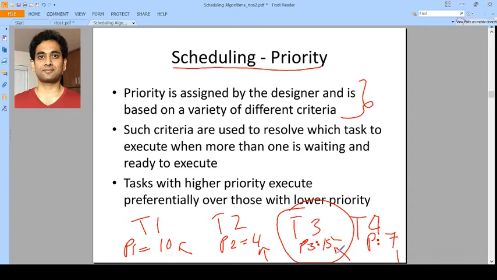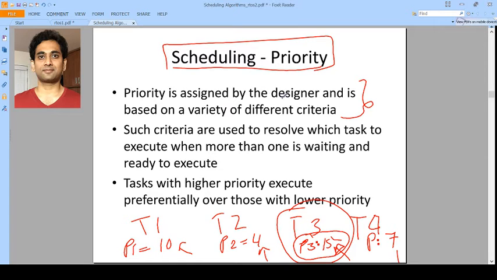So the scheduler looks at this designer-assigned priority value and comes up with a scheme to schedule tasks based on priority. This is the fundamental idea behind scheduling using priority.